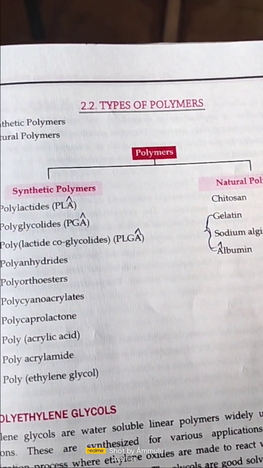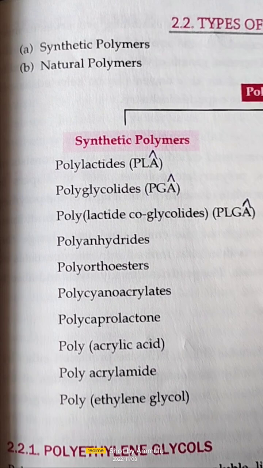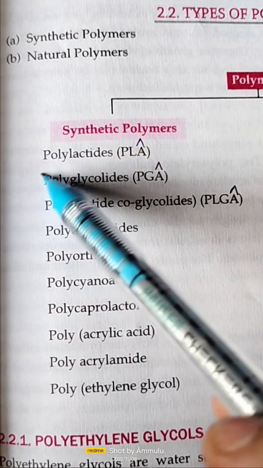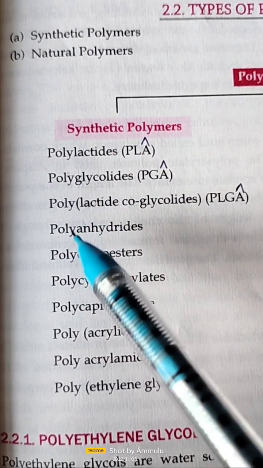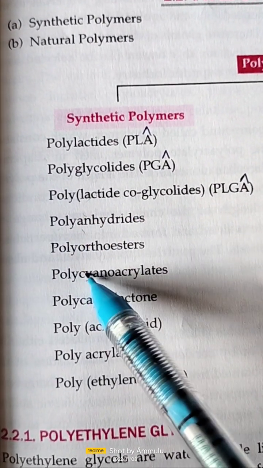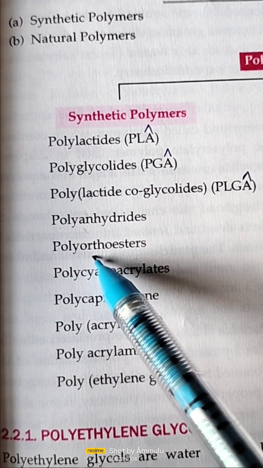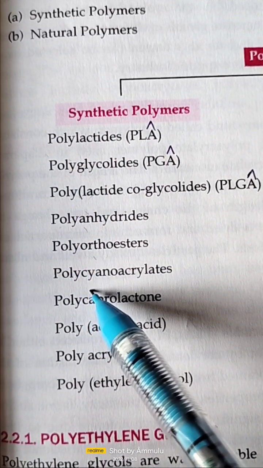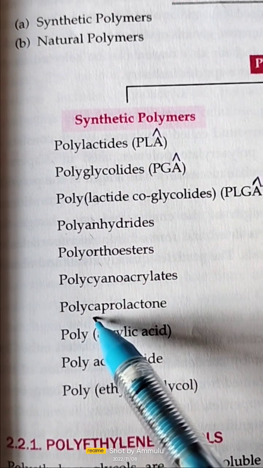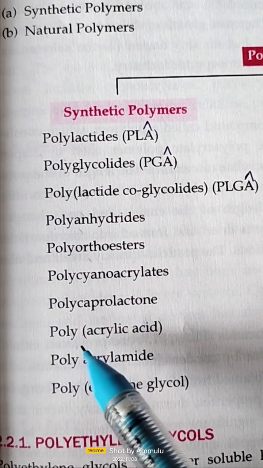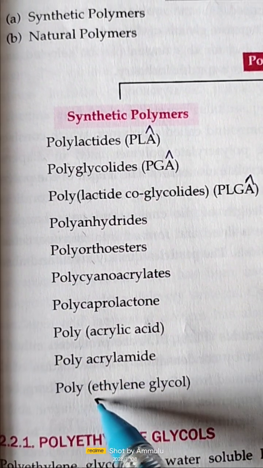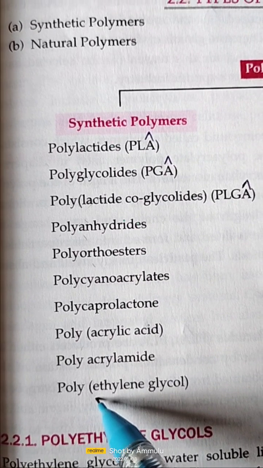These polymers are classified into two types, that is synthetic and natural. Here you can observe this. Synthetic polymers are polylactides, polyglycolides, polylactico-glycolides, polyanhydrides, polyorthoesters, polycyanoacrylates, caprolactone, polyacrylic acid, polyacrylamide, polyethylene glycol.